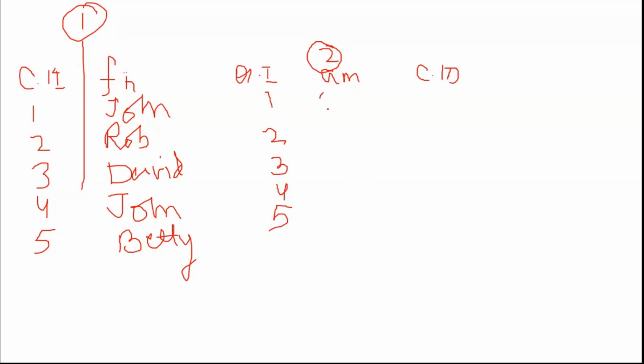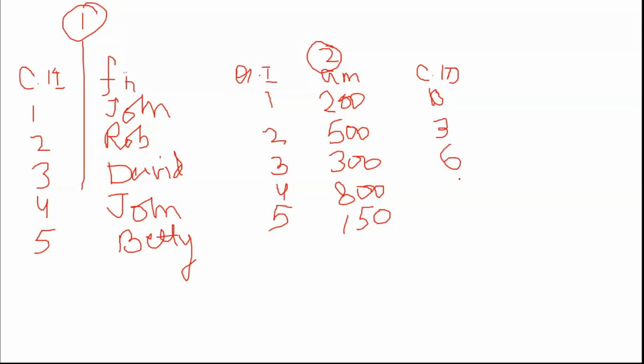In the amounts, let's say the values are 200, 500, 300, 800, and 150. Here again we have the customer IDs: 10, 3, suppose 6. Let's take something common, 5 and 8.